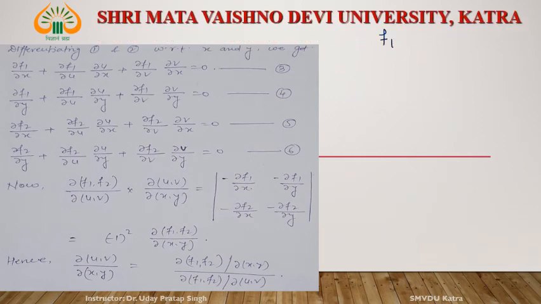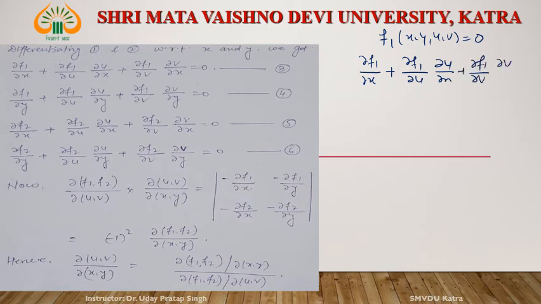This f1(x, y, u, v) = 0. It means ∂f1/∂x + ∂f1/∂u · ∂u/∂x + ∂f1/∂v · ∂v/∂x = 0. Why? This f1 is a function of u, v and u, v are functions of x, y.